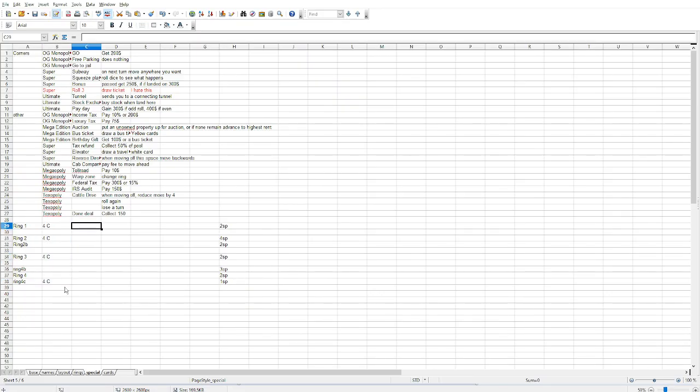Yeah. Corner spaces only for the main rings, and the corner spaces will give you money.